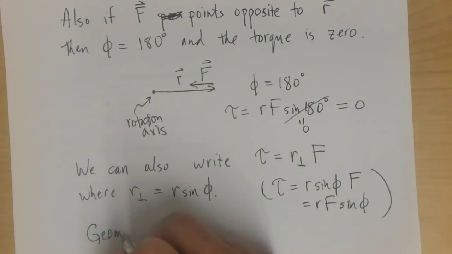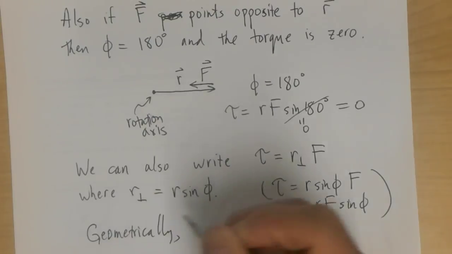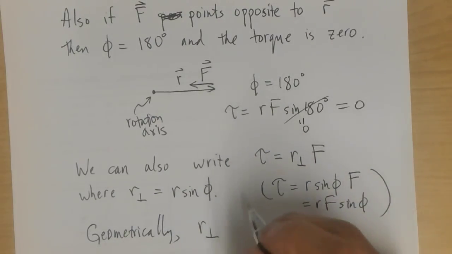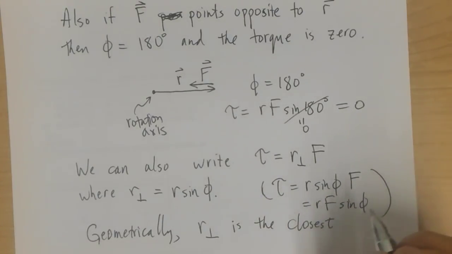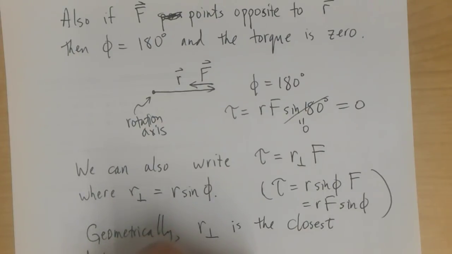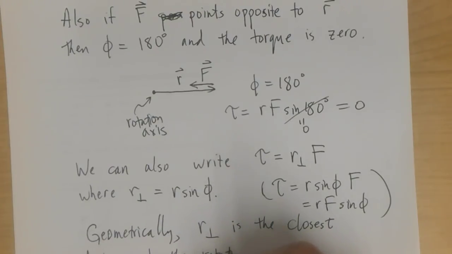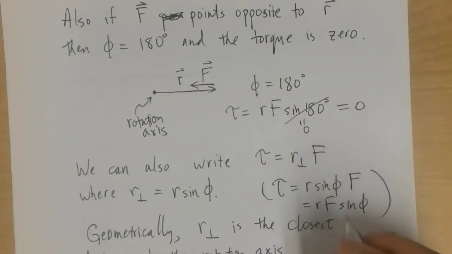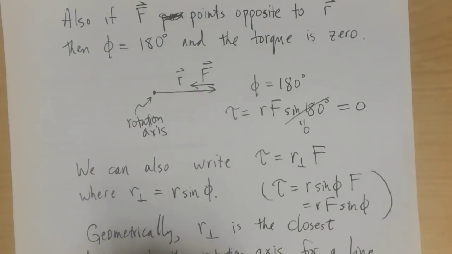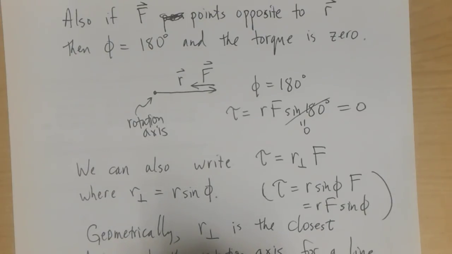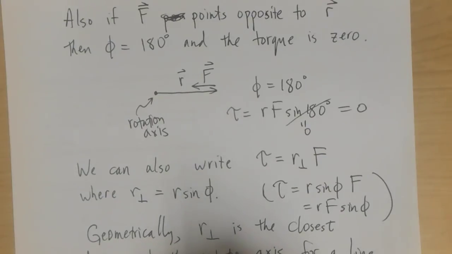Geometrically, the notion of r perpendicular is the closest distance to the rotation axis for a line passing through the force F. Okay?